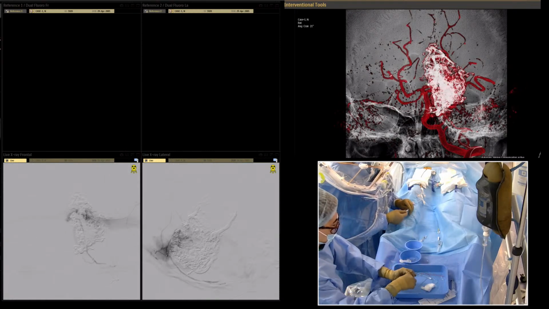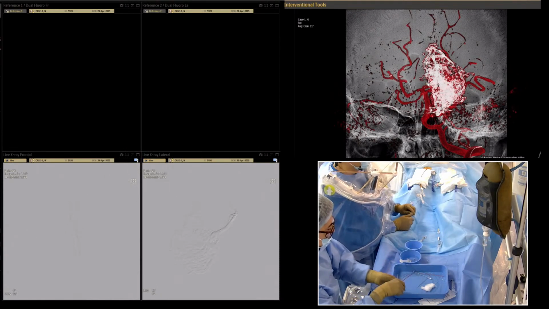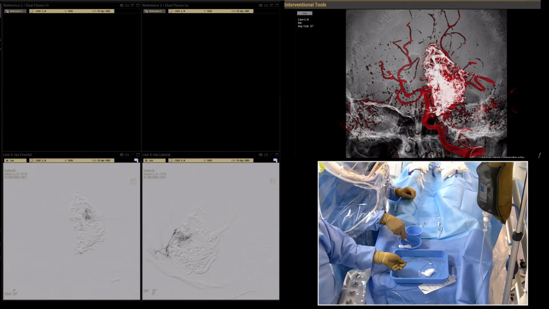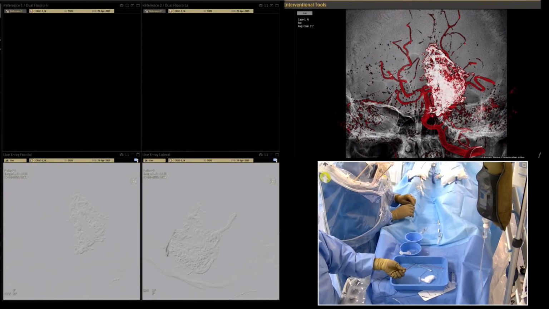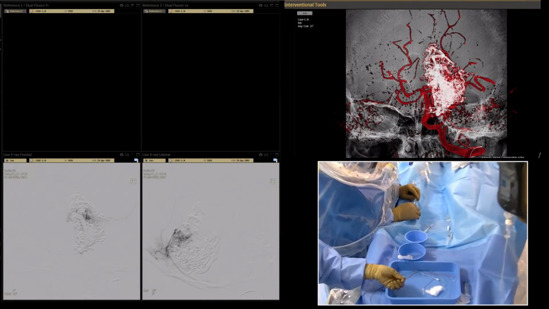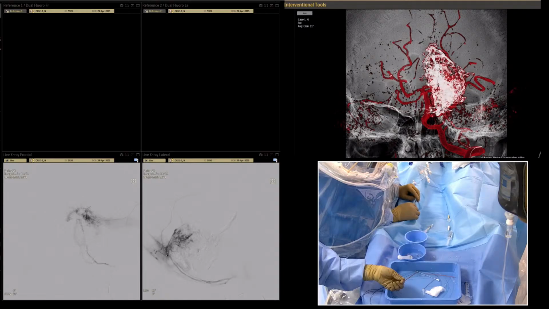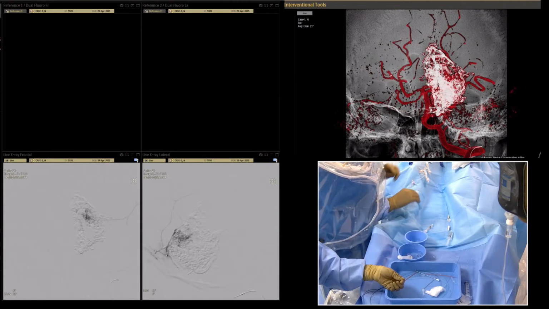Oh, there are dual branches. Okay, we'll leave it here.